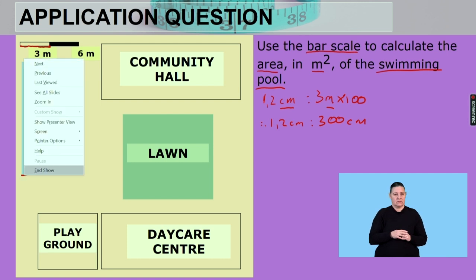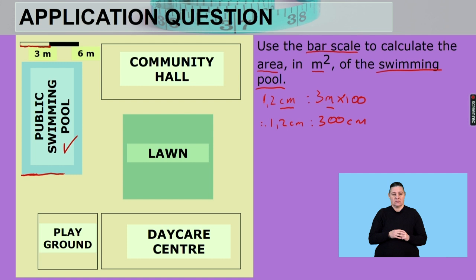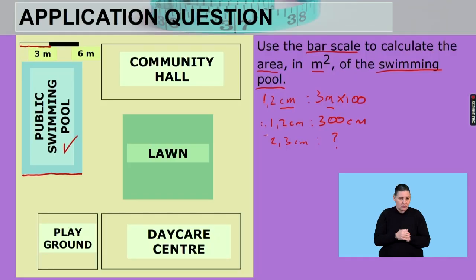That's the length of the swimming pool, the shorter side there. What I got that to be was 2,3 centimeters. And I want to know what that is on that side.